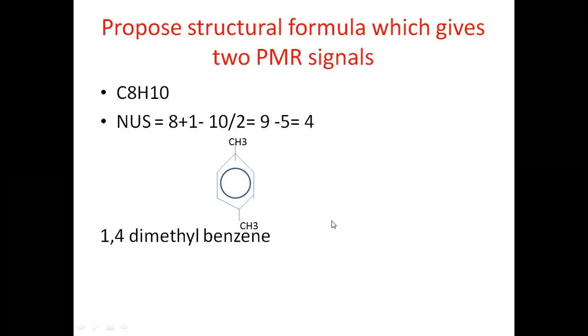Four unsaturations are there. And what do we want? Two PMR signals. The molecular formula is C8H10. Now this is the benzene ring with CH3 attached to it. This is 1,4-dimethyl benzene.